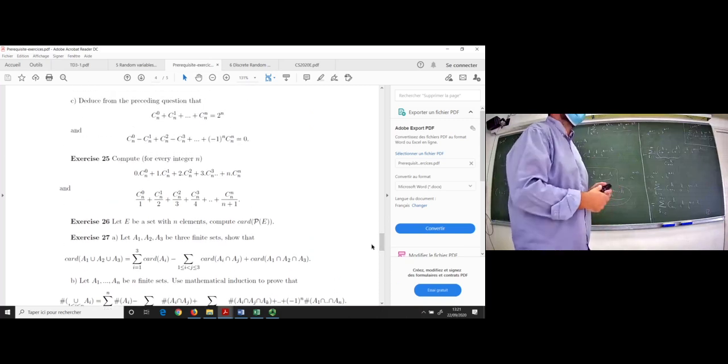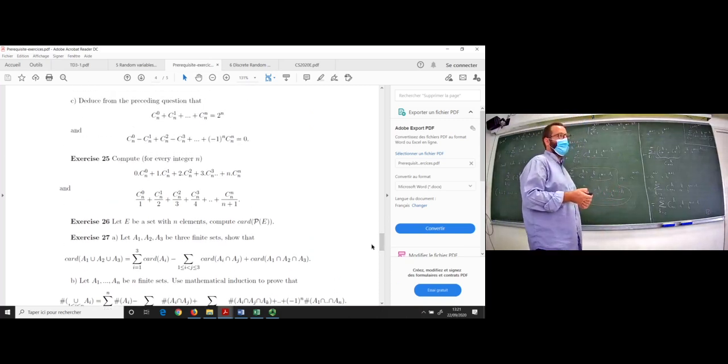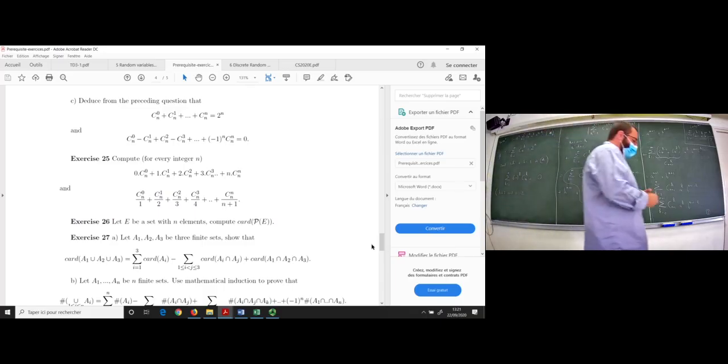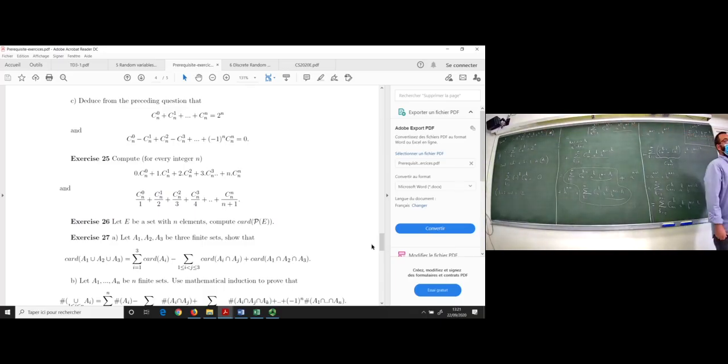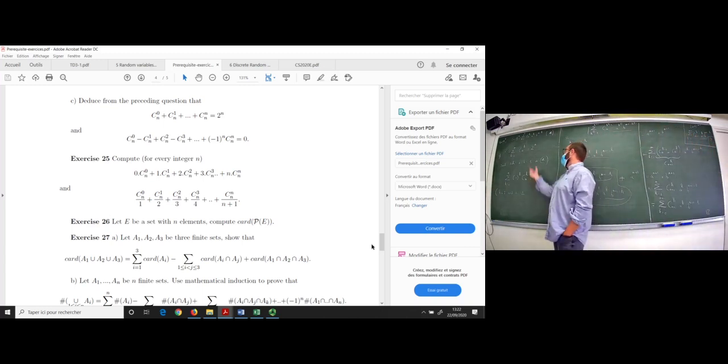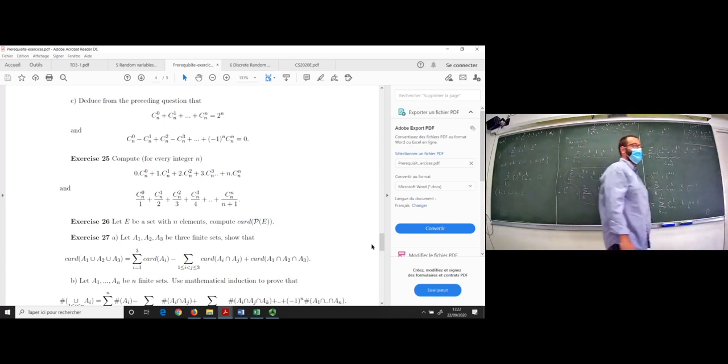I will do the first part of the exercise 25, that is to compute this sum, and I will give you an indication in order to compute this one here. Do you have some questions? Here it's just to use several times what I have proved in the question B, taking particular values for A and B, because something I have proved before is true for any A and any B. So I have the right to choose A and B as I want, and I can deduce from particular choices these relations.